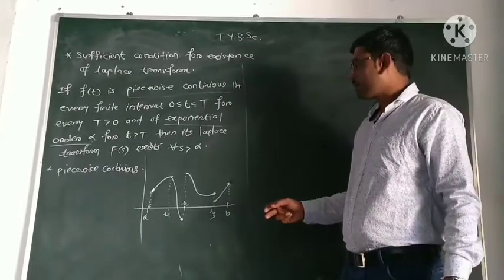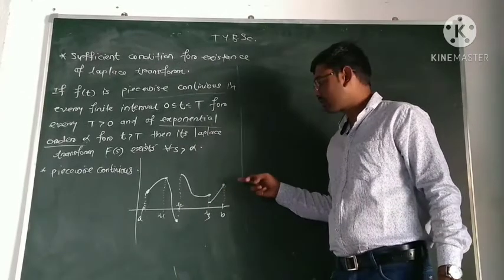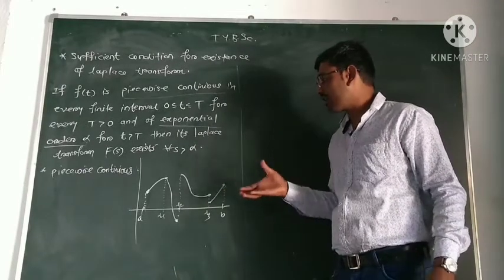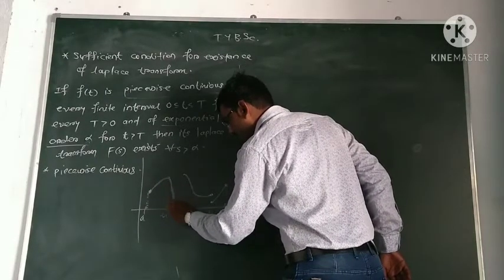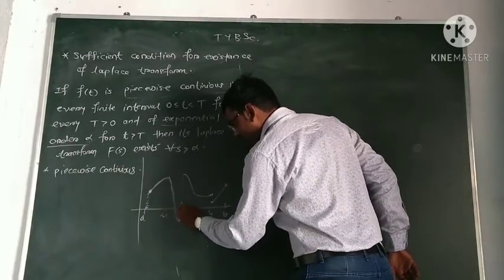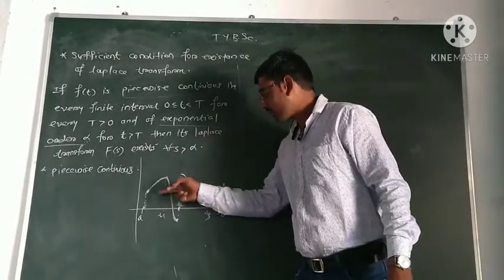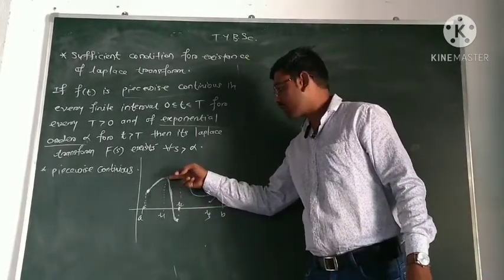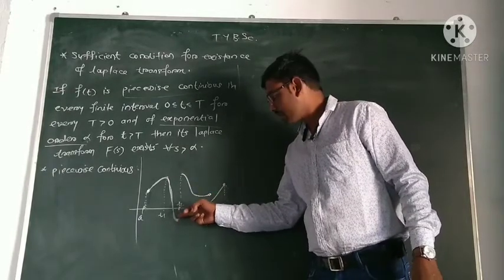If the graph is like this, then the function will be continuous, but there is a break in the graph. Look at the graph: it is continuous from this to this, but at this point T2, when we take the limit of the function from this side, the function is tending to this part.